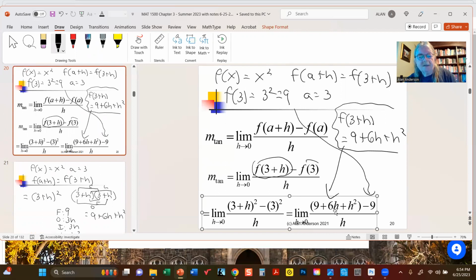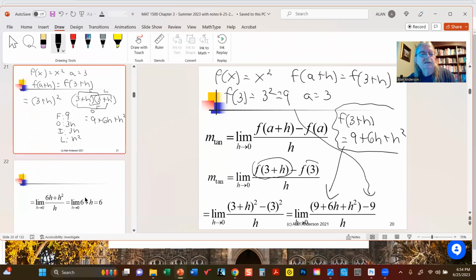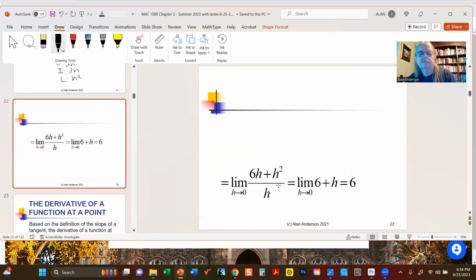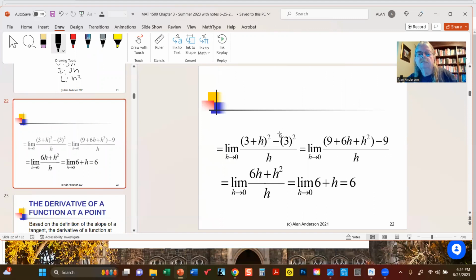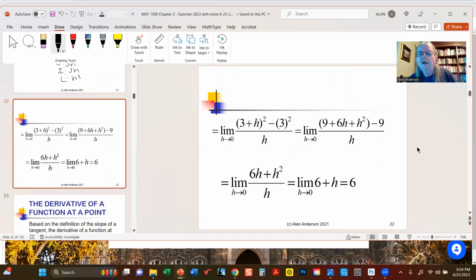All right, so let me just copy this onto the next slide. And so if you expand this up here, 9 plus 6h plus h squared minus 9 reduces to 6h plus h squared.